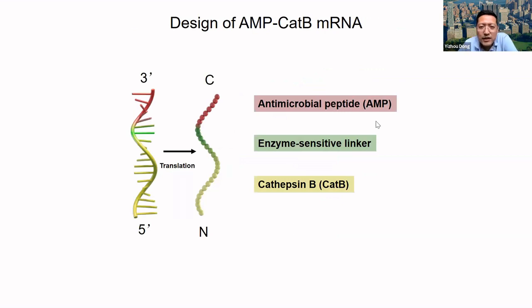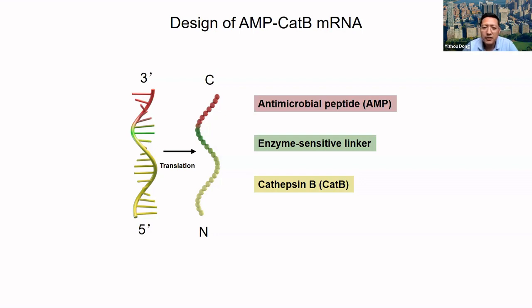To achieve that, we designed this particular messenger RNA, which has 3 components. One is an antimicrobial peptide, AMP, one is an enzyme-sensitive linker, and one is cathepsin B, Cat B. These 3 components have different functions. Cat B is an endogenous protein in the macrophage lysosome.